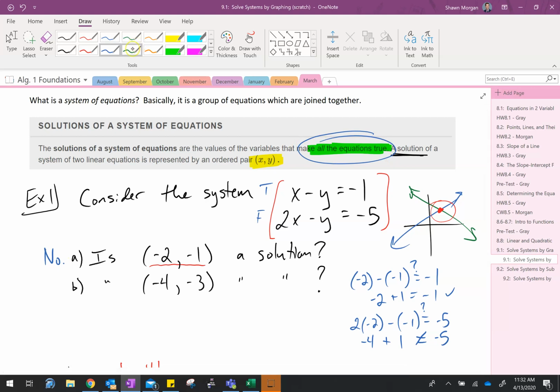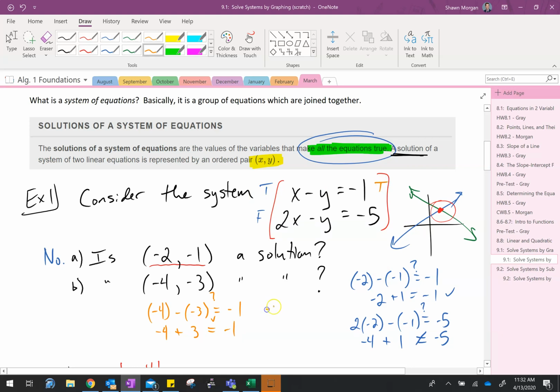When we try the second example, we'll plug in -4 for x, we'll plug in -3 for y, and we'll check, does this in fact equal -1? Let's see, -4 plus positive, and yes it does equal -1. So we get a true statement on the first equation.